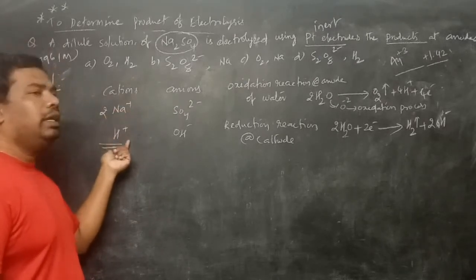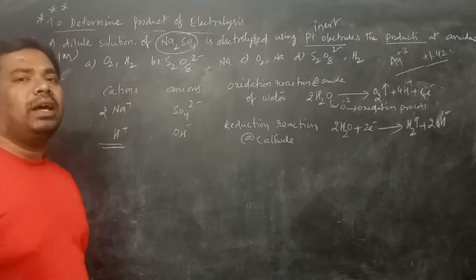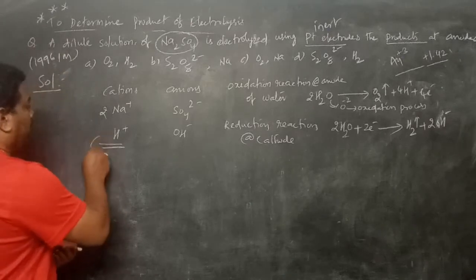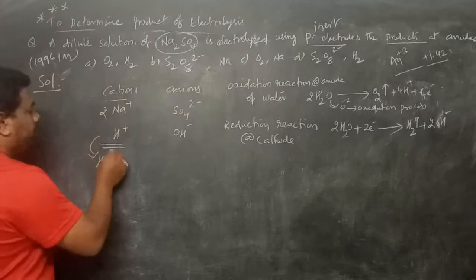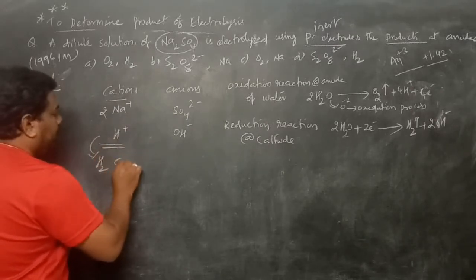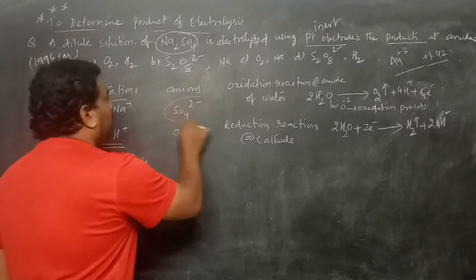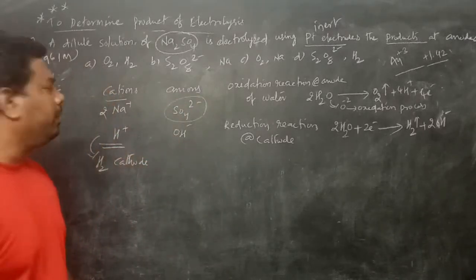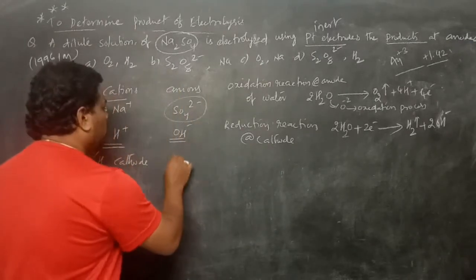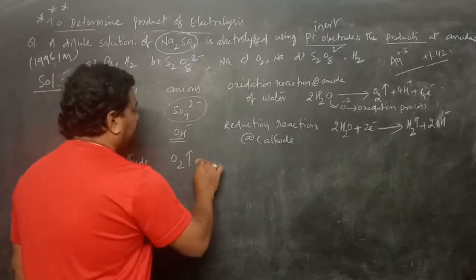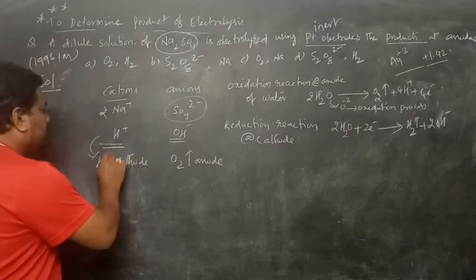So therefore H plus will be liberated as hydrogen gas at the cathode. And here, generally we already know SO4 minus 2 cannot be liberated. So this OH minus can be liberated as O2. So oxygen gas is liberated at the anode, hydrogen gas is liberated at the cathode.